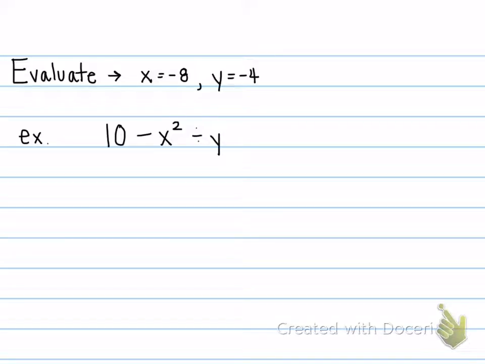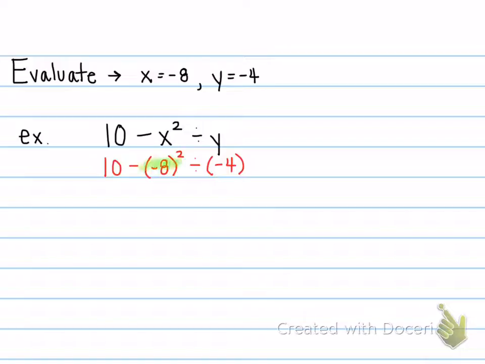If I look at this problem, I can plug in my numbers. I have 10 minus, now x is negative 8. Remember, you have to put that negative 8 in parentheses, and the squared is outside of it, divided by negative 4. Now I put the negative 4 in parentheses too, but that's just to separate the division sign and the negative sign.